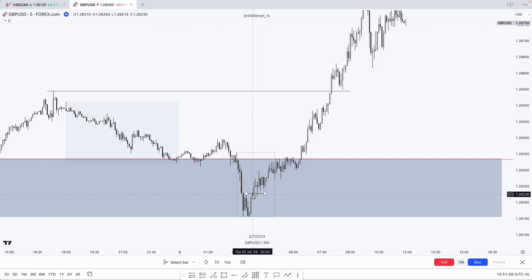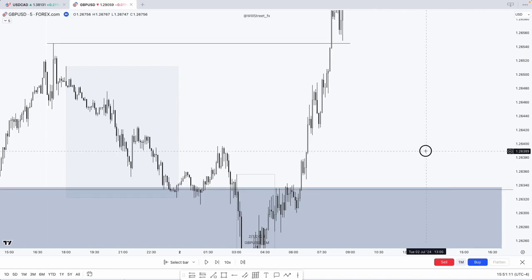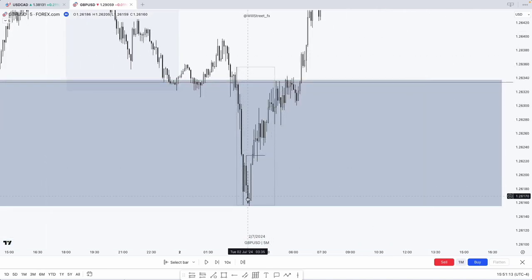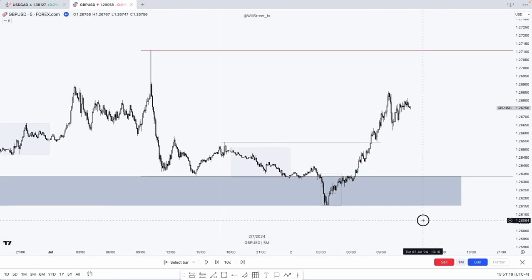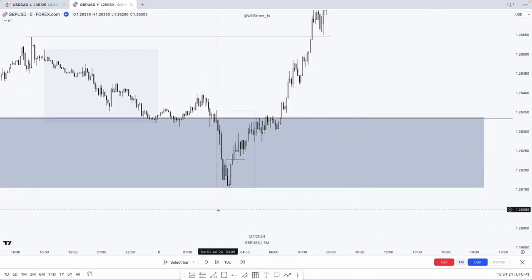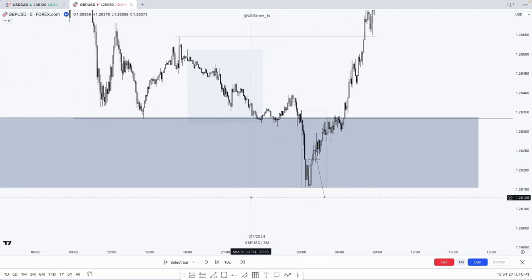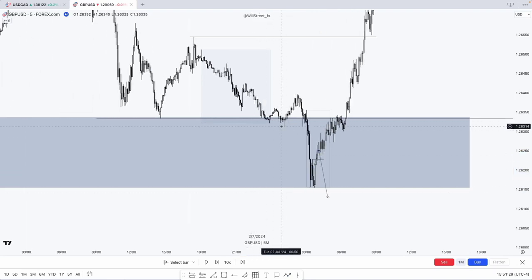on London. But look at the time; it's almost 4 a.m. But look at this: the turtle soup is already done, and we have done the turtle soup of high time frame range. Meaning what? We don't need to create another pending range. Why? Because the pending range is already done. Because look at this is complete, and this is the pending range.